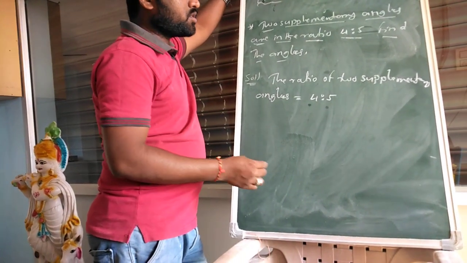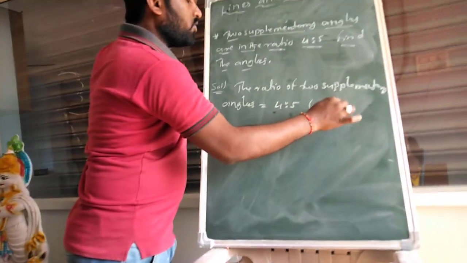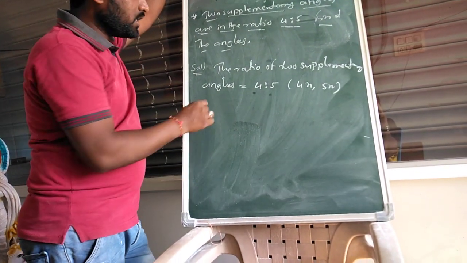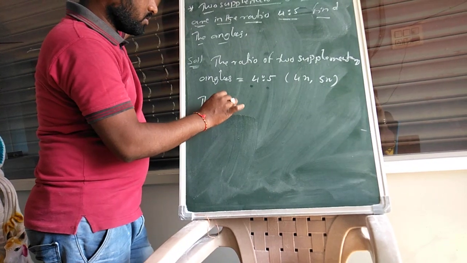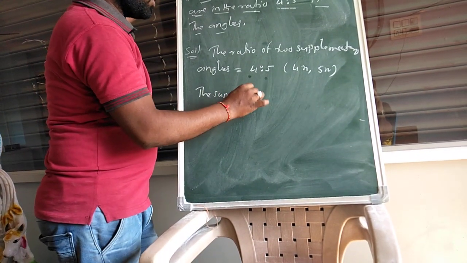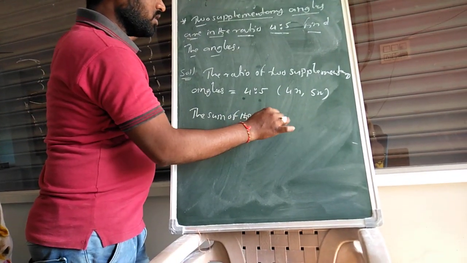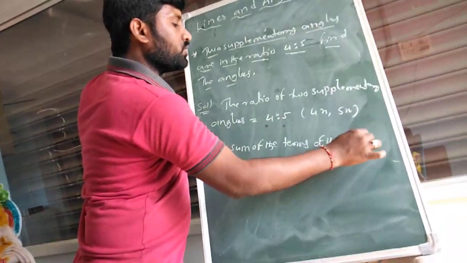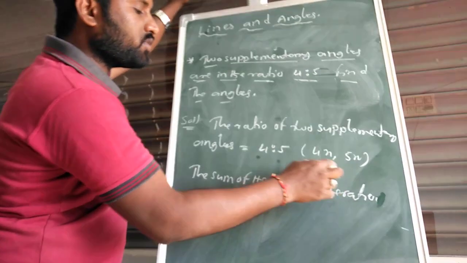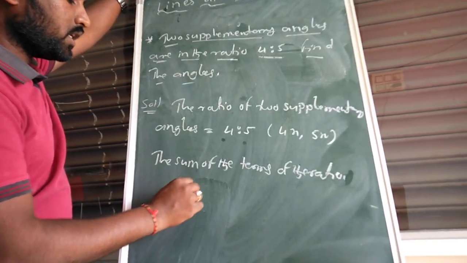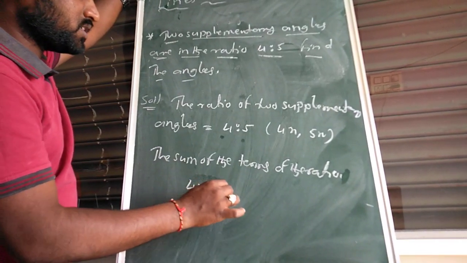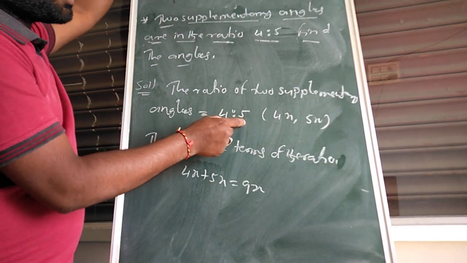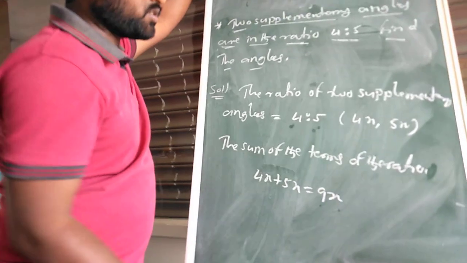Okay, so you take like this, one is 4x, another one is 5x. The sum of the terms of the ratio, that is 4x plus 5x, is equal to 9x. Adding the terms of the ratio, I got 9x.